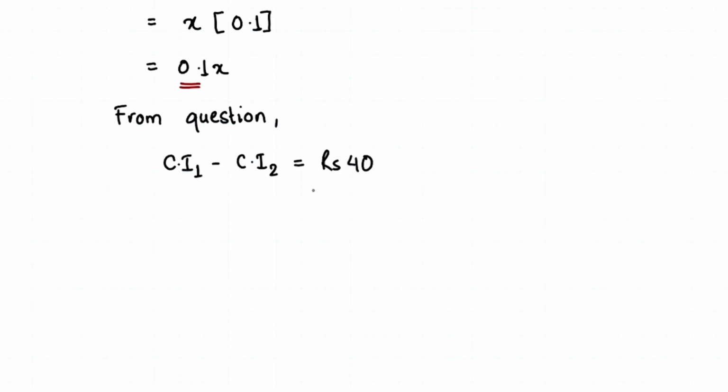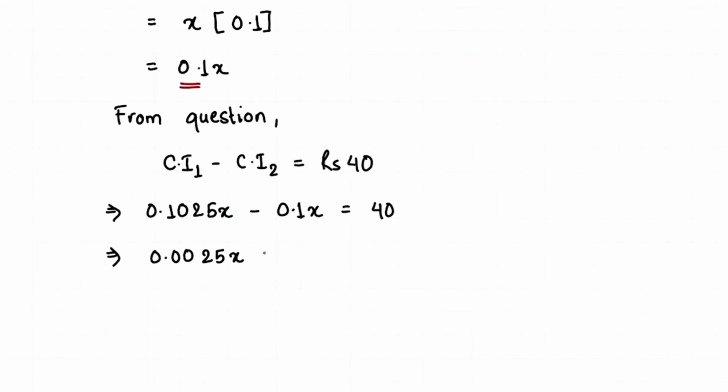And we have already found the value of CI1 and CI2. The value of CI1 was 0.1025X minus, we just found the value of CI2, which was 0.1X, right? So minus 0.1X equals 40 rupees. And now we can just subtract these two numbers, right?